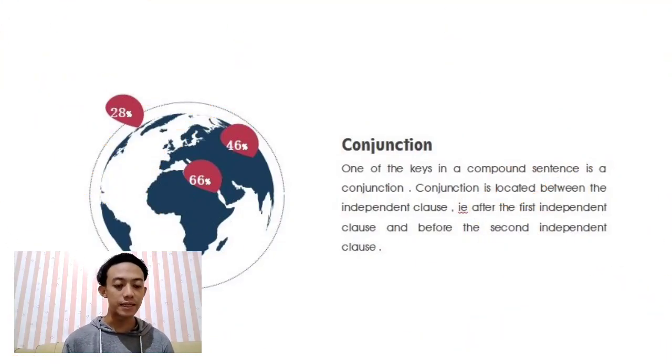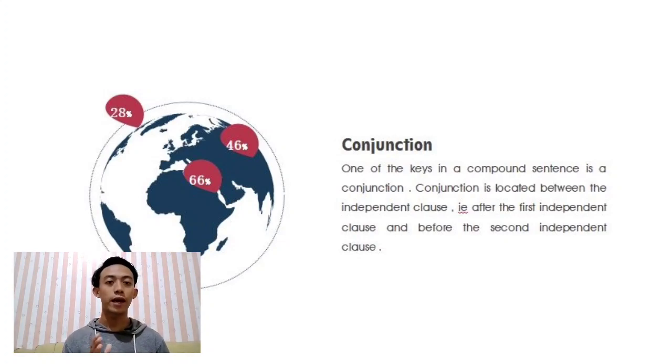One of the keys in a compound sentence is a conjunction. The conjunction is located after the first independent clause and before the second independent clause.